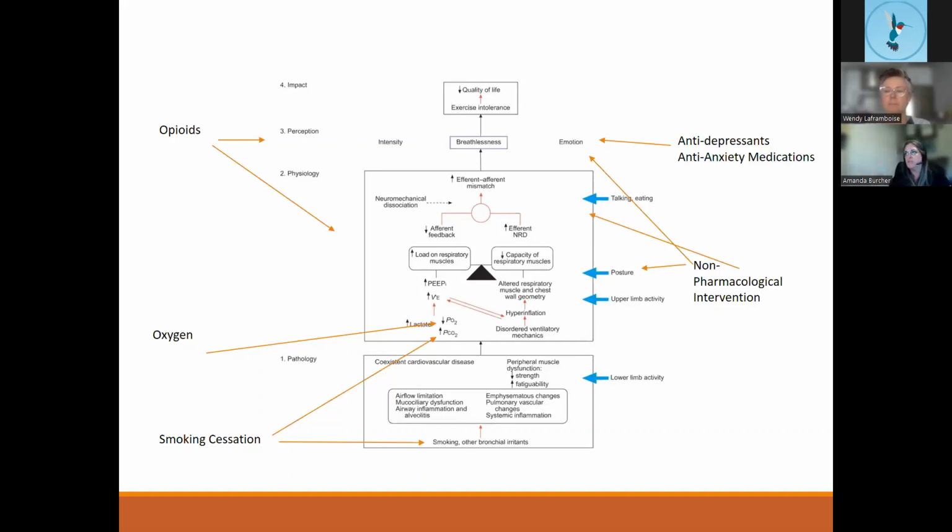So you end up with people losing weight without trying, despite the fact that they're eating. Supplementing with boost, dietary support, using a high protein, high calorie diet are all great techniques, but it is often something that we see at the end stage of COPD.